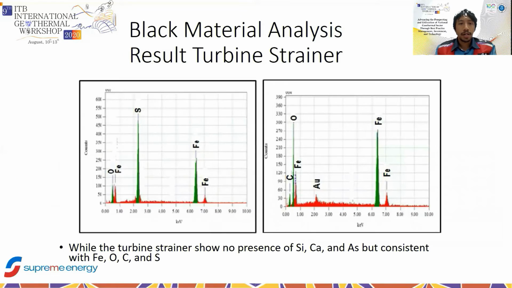While the sample from the turbine strainer shows a consistent peak of iron and also sulfur. I still don't know why gold is also present there, I still don't have the answer for that. Maybe it's from coating, I'm not sure why there is a gold peak there.